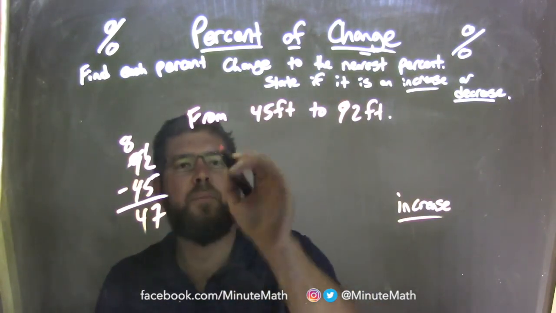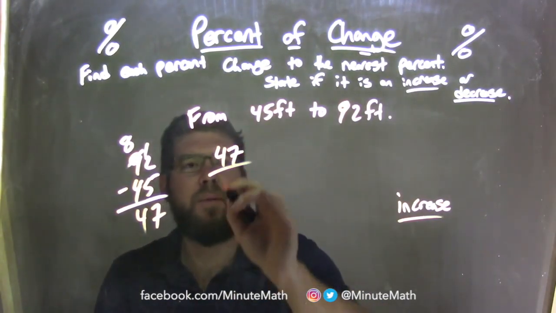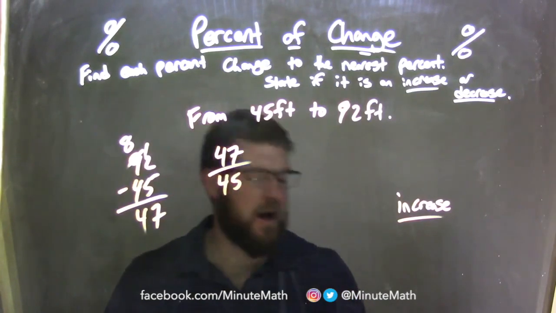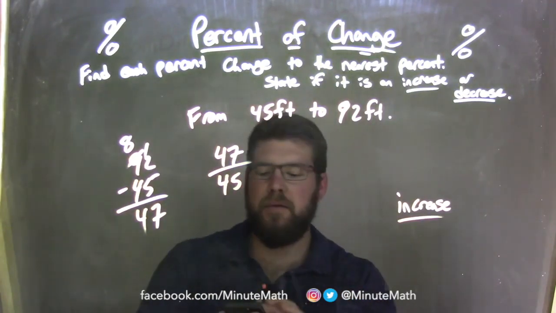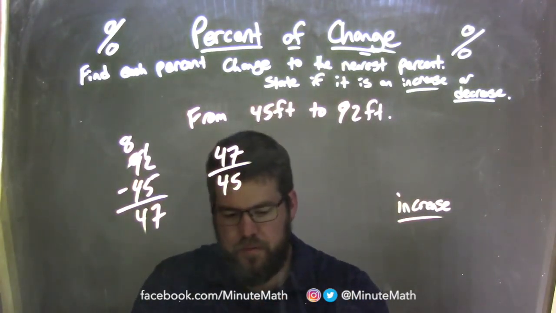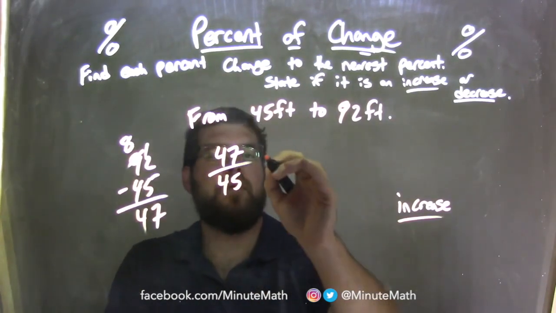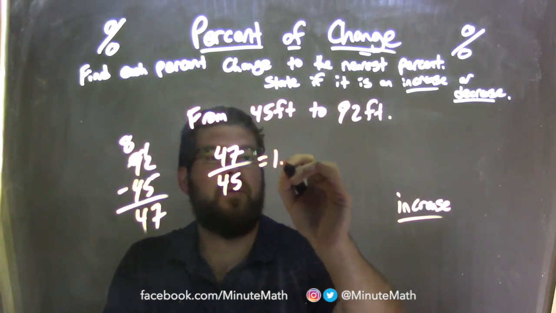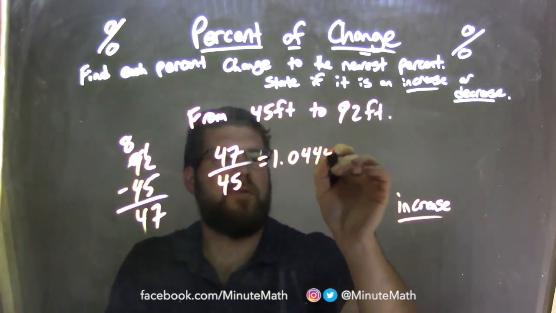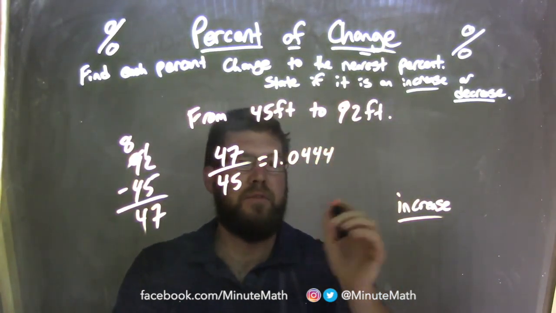We take that number, 47, and we divide it by our first number, 45. So if I use my calculator here, 47 divided by 45, save some time. We have 1.0444, repeating forever.